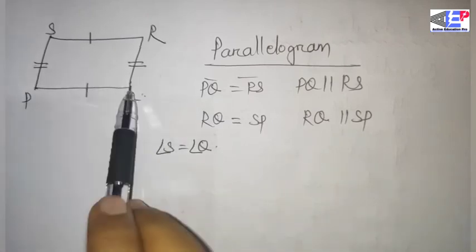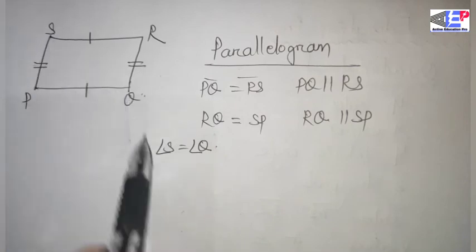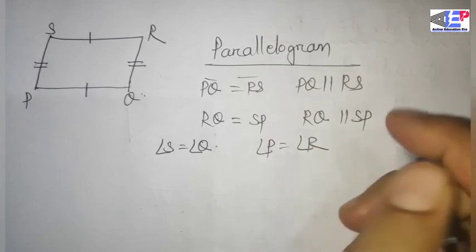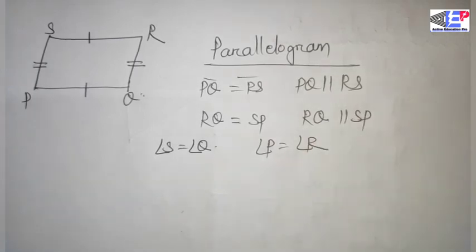Here the opposite angles are equal: S angle is equal to Q angle and P angle is equal to R angle. Maybe it is 90 degrees, but a parallelogram has no condition that each angle should be 90 degrees.